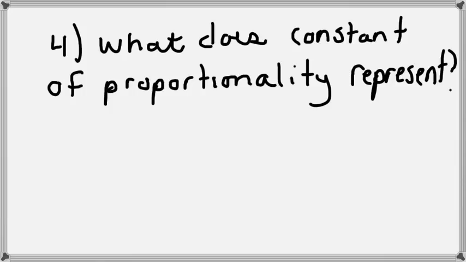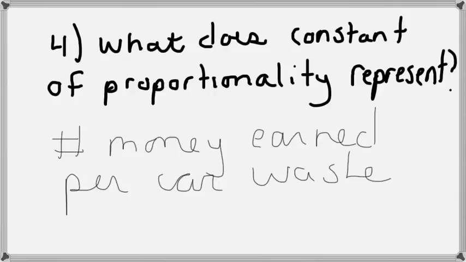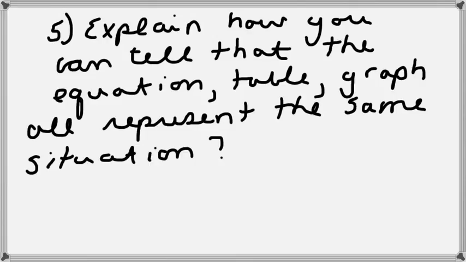Number 4, what does the constant of proportionality represent? In this situation, it represents the amount of money they earn per car washed. And number 5, explain how you can tell that the equation, table, graph all represent the same situation.